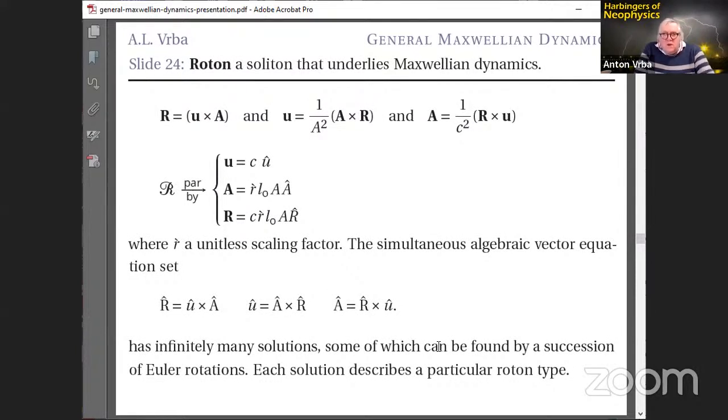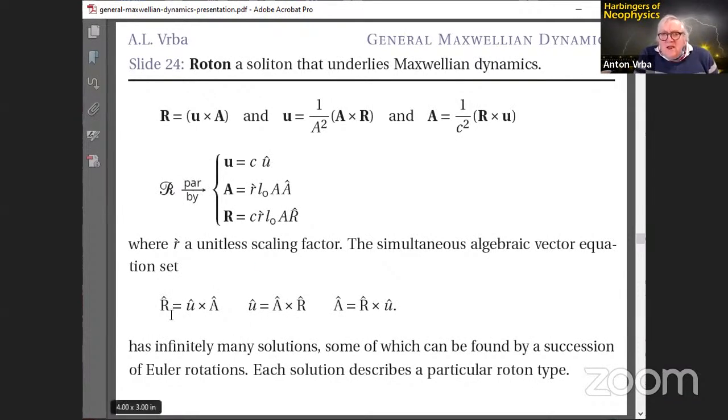Therefore, if we go back to our 3 equations, I have a rotary wave that is parameterized by this.